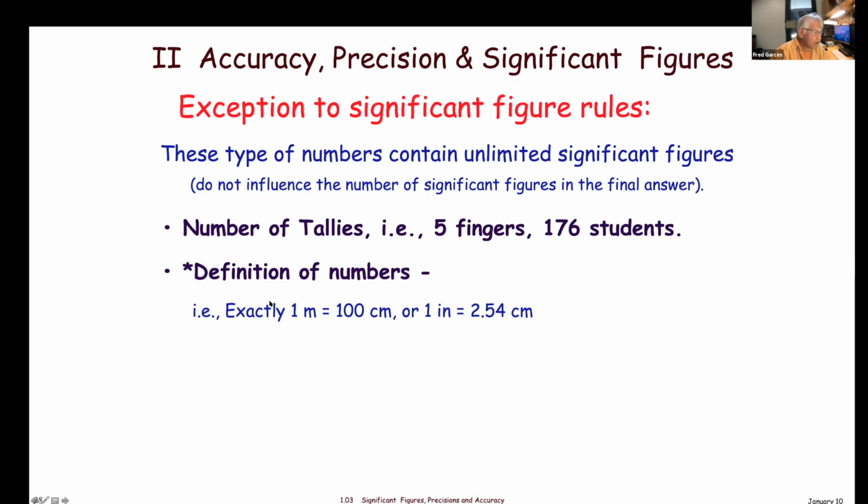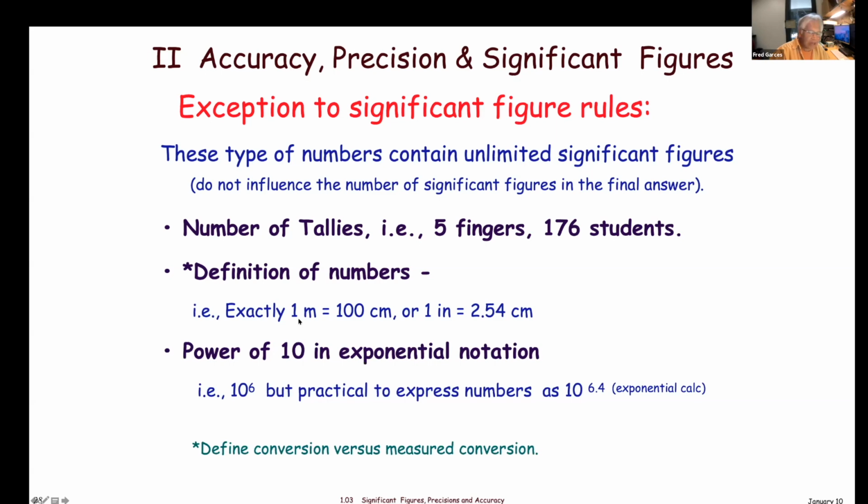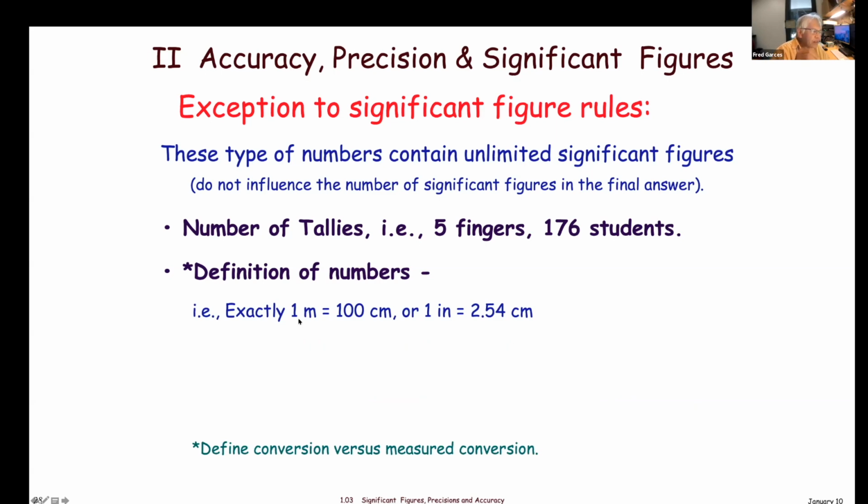You might look at this conversion factor and say, oh, my conversion factor only has 1 significant figure. No, don't do that. The reason you can't do that is because these are definitions. They have an infinite number of significant figures. You don't round off your final answer based on these because they have infinite number. You base it on the data that you have, okay?